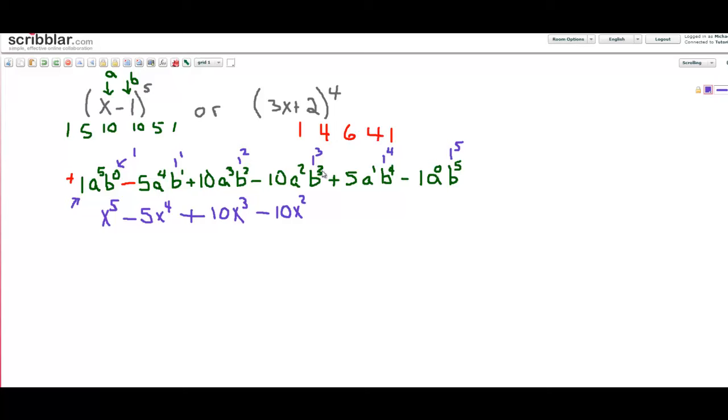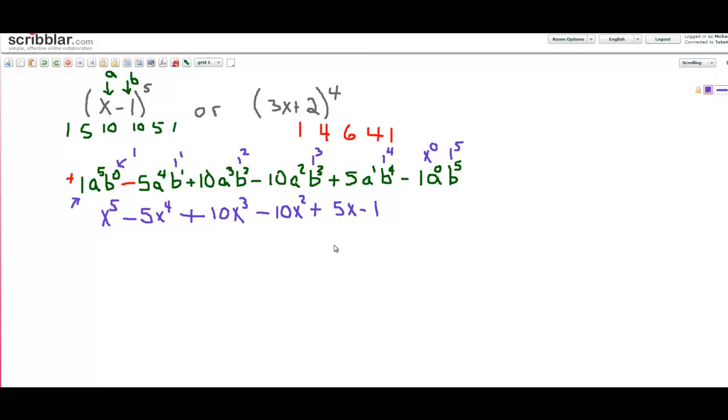Again here, b to the third, 1 to the third, we don't have to actually write that. Plus 5x. Same for the b again, it's just 1. Minus, now a to the 0, that's x to the 0. A to the 0 power is 1. And so I just end up with 1 times 1 times 1, so that's just going to be minus 1.